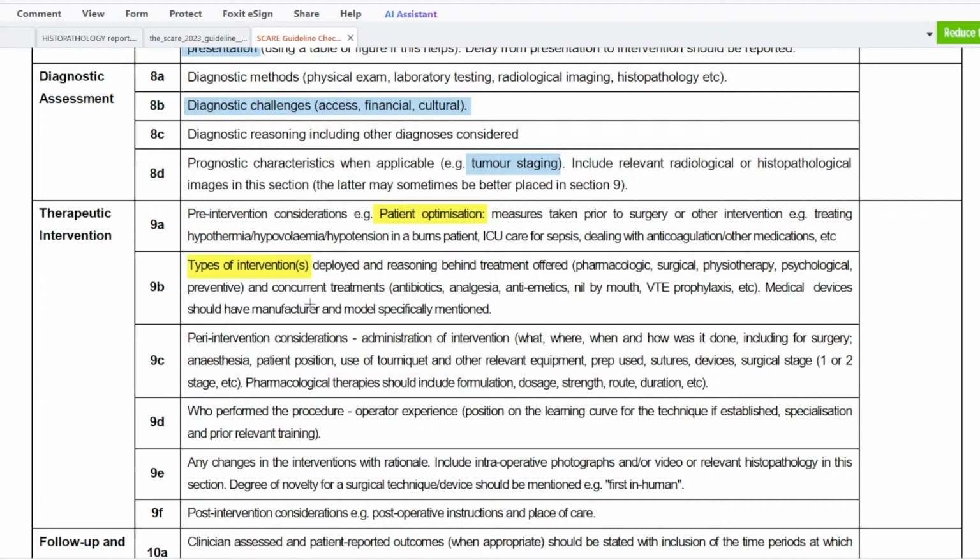Post-intervention consideration: post-operative instructions, follow-up outcomes, clinician-assessed and patient-reported outcomes should be stated with inclusion of the time periods at which assessed. Relevant photographs and radiological images should be provided.